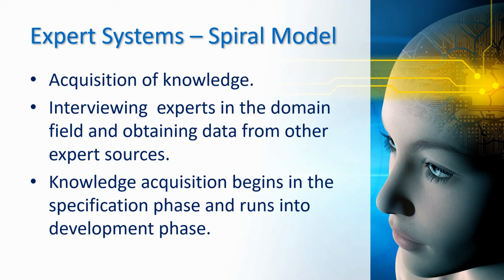In the spiral model, a key element in this process is the acquisition of knowledge. This activity involves interviewing experts in the domain field and obtaining data from other expert sources. Knowledge acquisition begins in the specification phase and runs into the development phase.